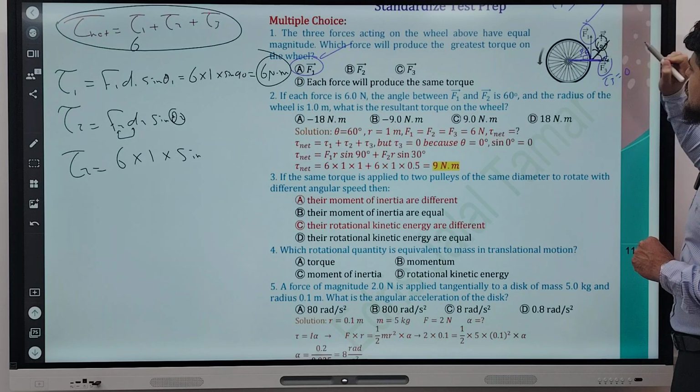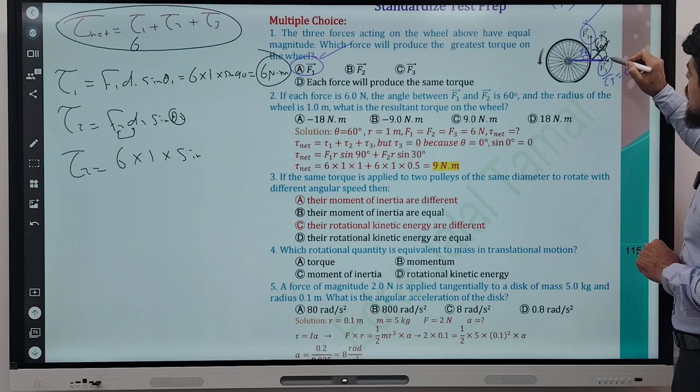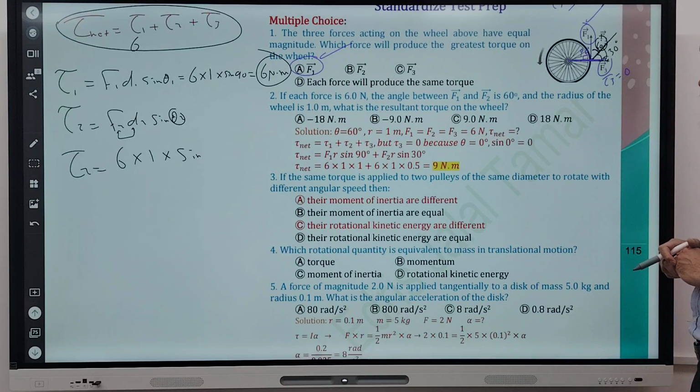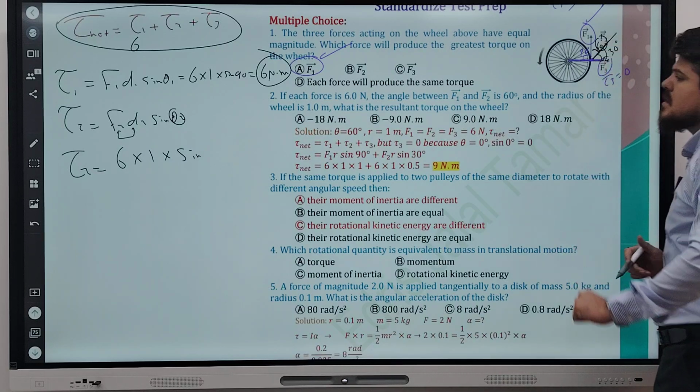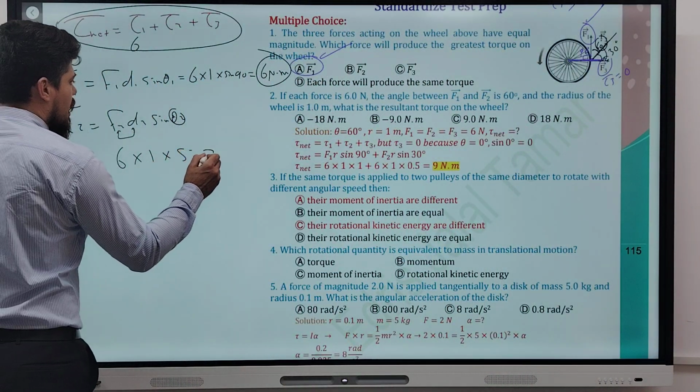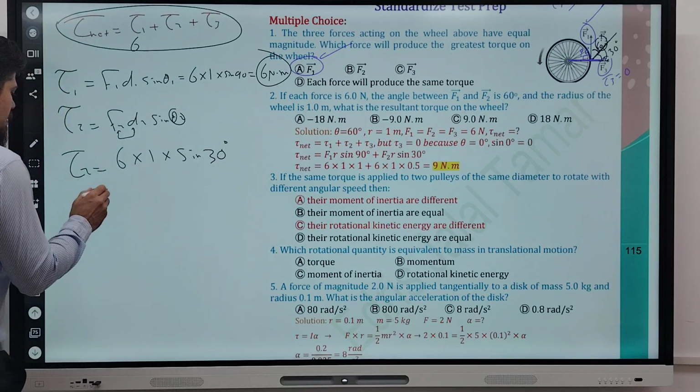So that is why you have to convert this angle 60. If here we have 60 degree, in this here we have 30 degree. Why? Because right angle is 90. 90 minus 60 is equal to 30. So that is why we have to use sine 30.